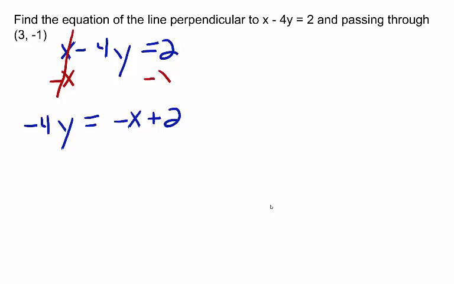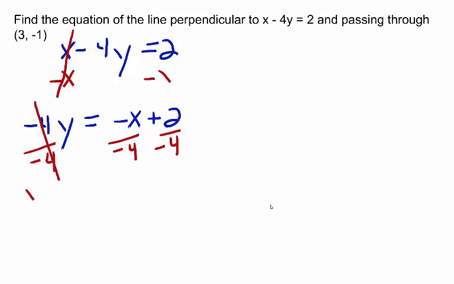Next, because we're solving for y, we need to isolate it, or get it by itself on one side of the equation. So now I'll divide all of the terms throughout my equation by negative 4.